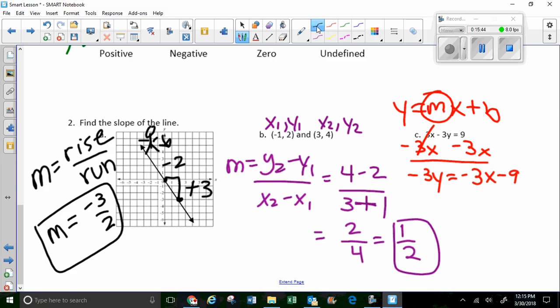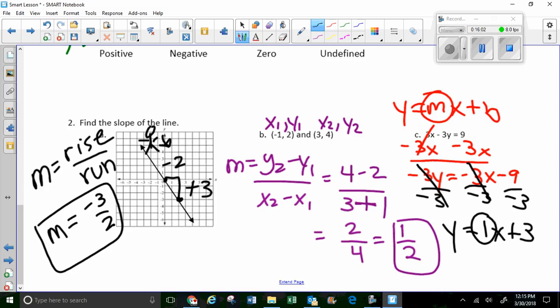And then divide everything by the coefficient. And simplify. Negative 3 over negative 3 cancels. Again, negative 3 over negative 3 cancels to give you 1x. And negative 9 over negative 3 is positive. So I've got a slope of positive 1.